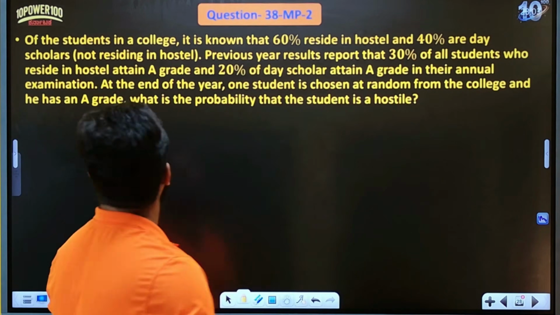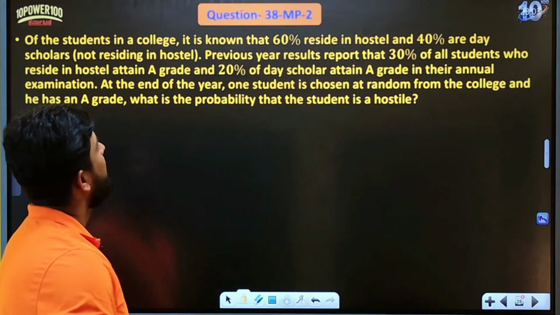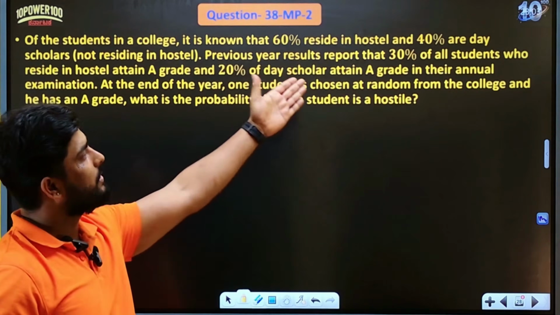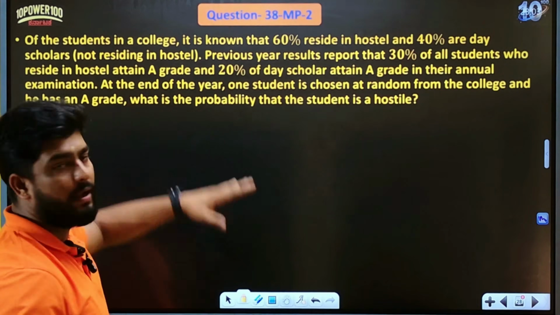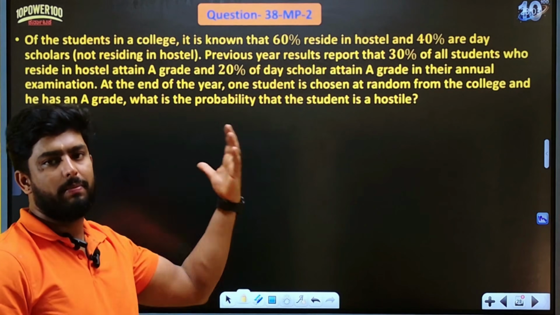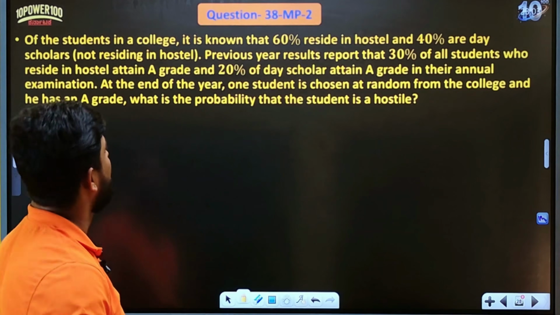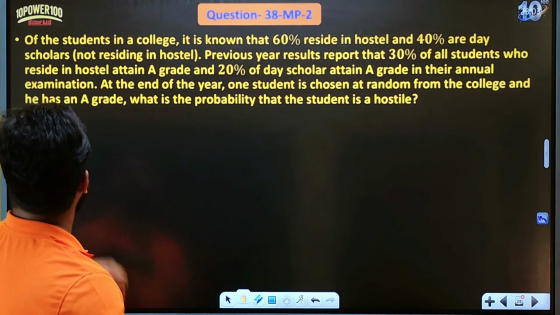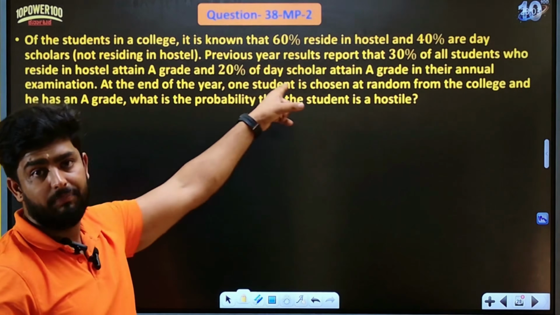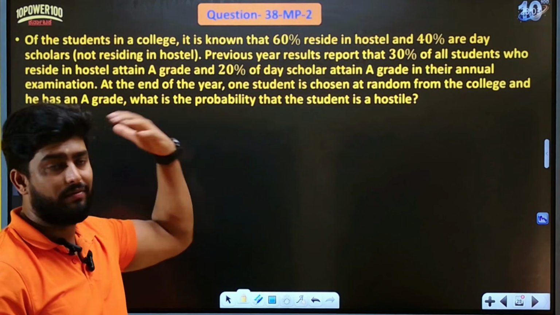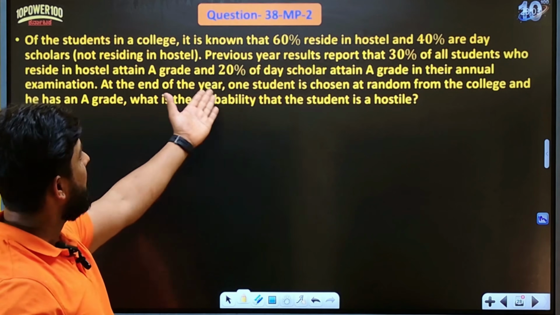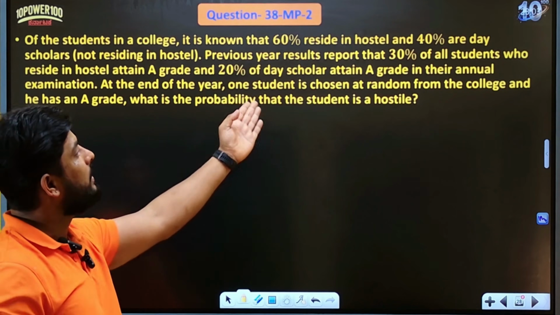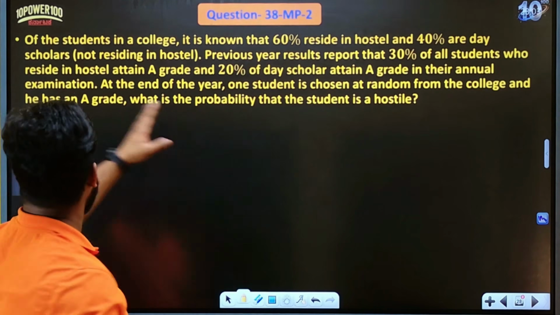Next question. The next question: of the students in a college, it is known that 60% reside in hostel and 40% are day scholars, the people who do not stay in hostel. Previous years' results report that 30% of the students who reside in hostel attain grade A, and 20% of the day scholars attain grade A in their annual examination.